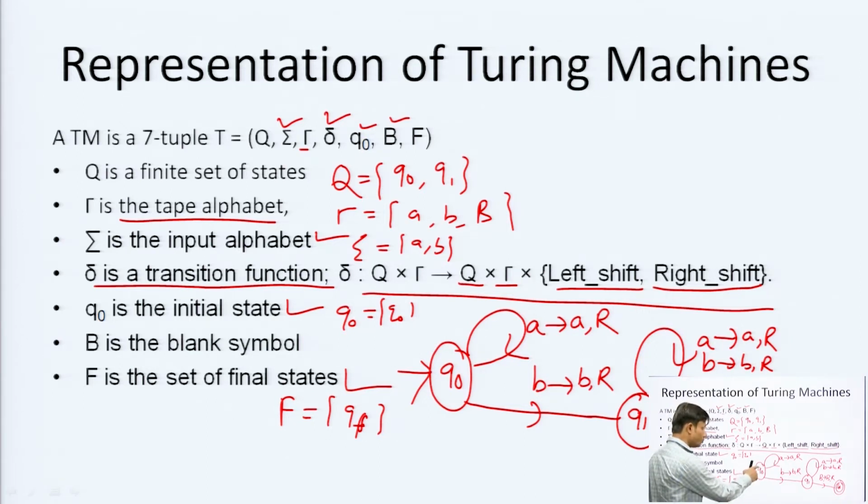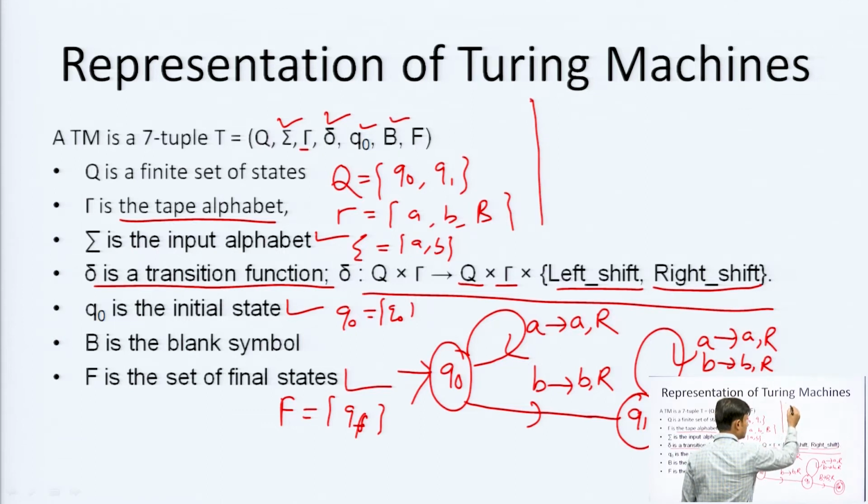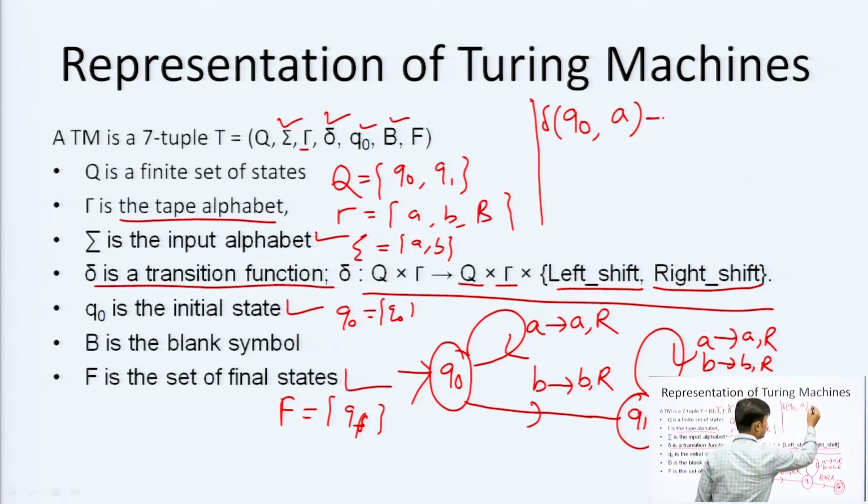What is the Q0? When you are taking input A, then your tape remains the same symbol and moves to the right. So here you can say that for Q0, I am writing all the transitions. Here is Q0, then input is A, then what do you have to do?